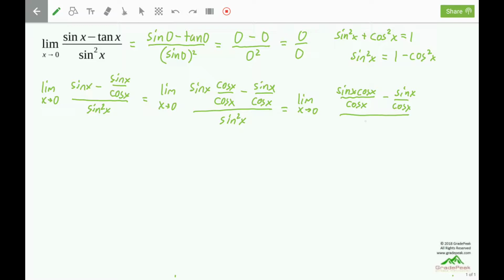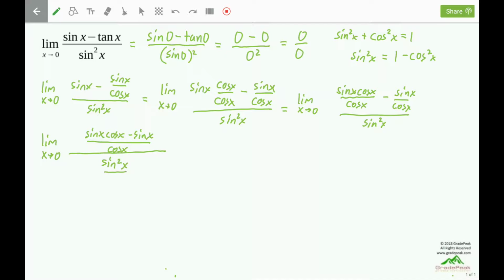They're over a common denominator, and therefore can combine through subtraction, and that will become sine x cosine x minus sine x, all of that over cosine x, and then the overall denominator of sine squared of x.